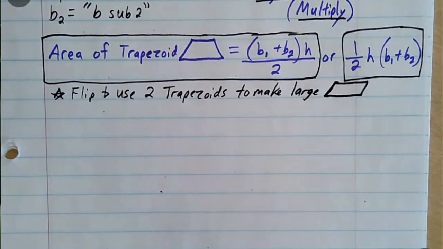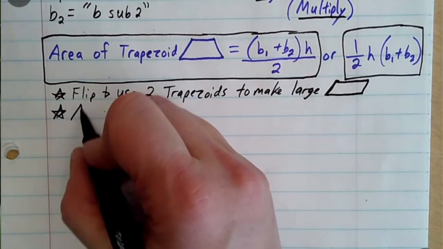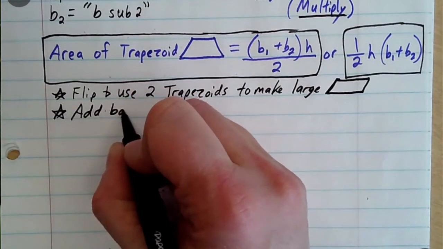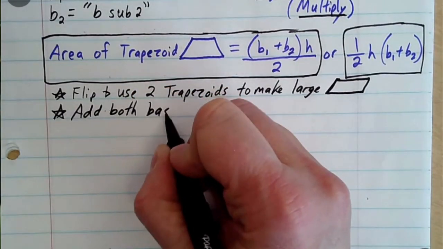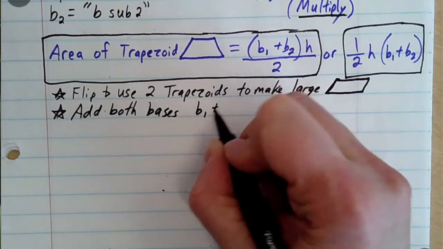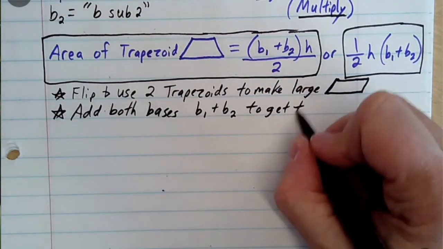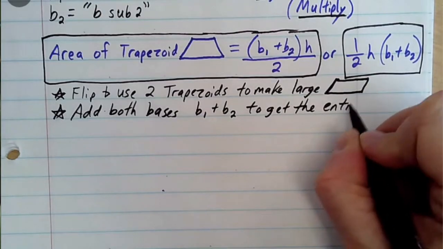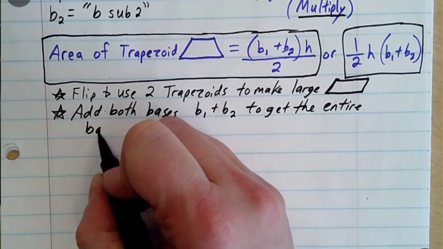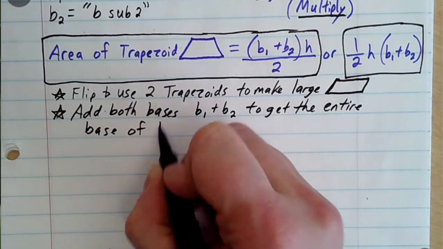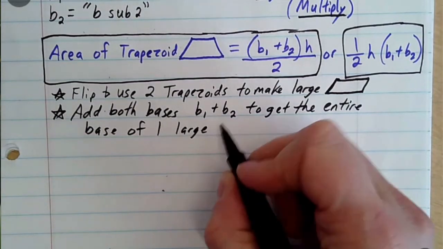So we have to add both bases, that's our B1 plus B2, to get the entire base of the one large parallelogram.